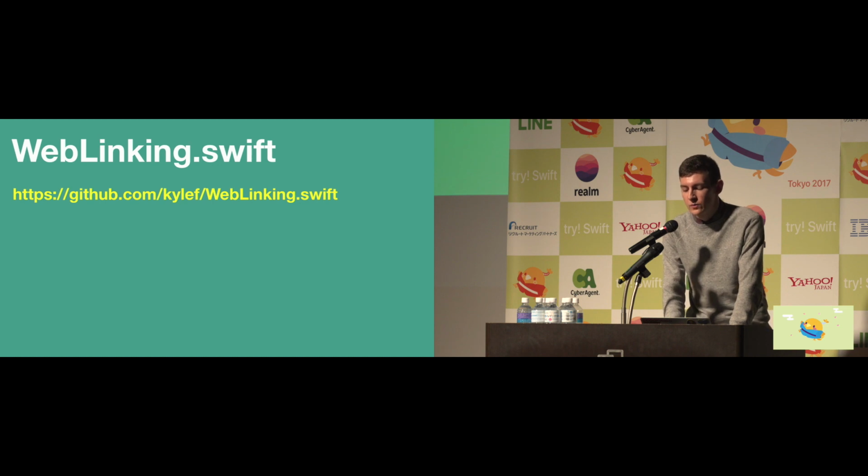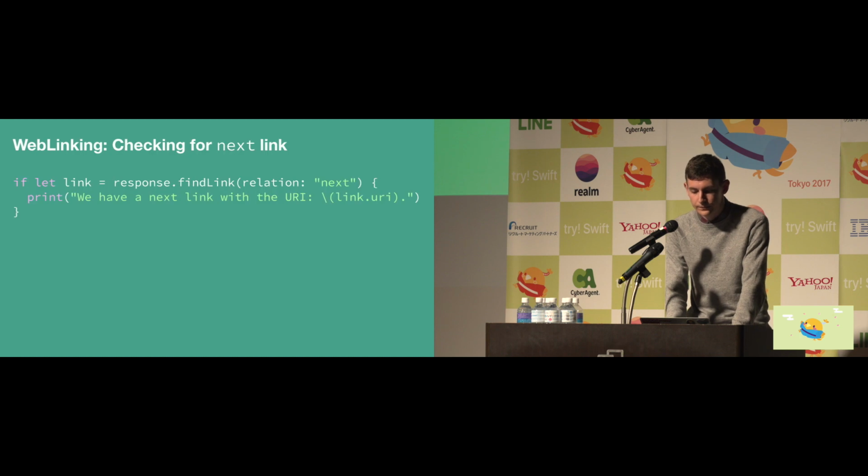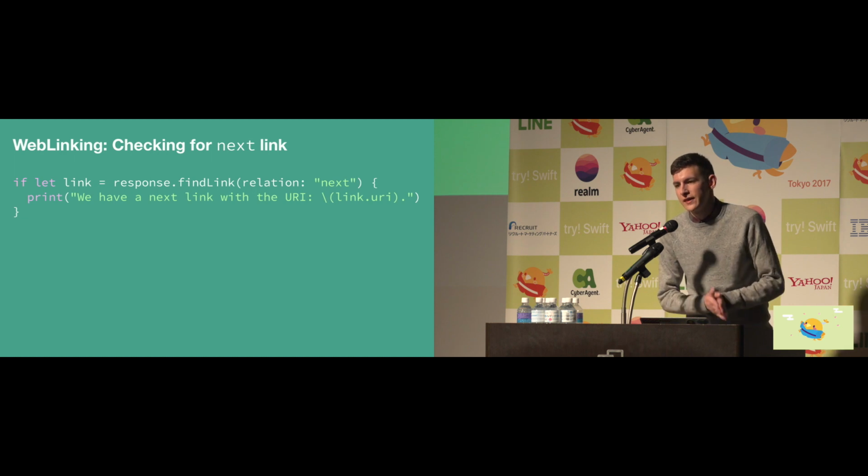On GitHub, you can find a Swift implementation of web linking. This allows you to parse the link header from an NSURLRequest relatively easily. So it's a very easy and simple approach you can take. You can attempt to find a link using a relation identifier that you already know, such as next or previous. If it's available, then you know that there is this state you can follow.